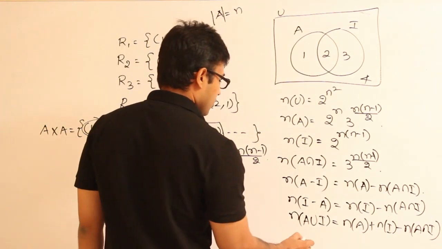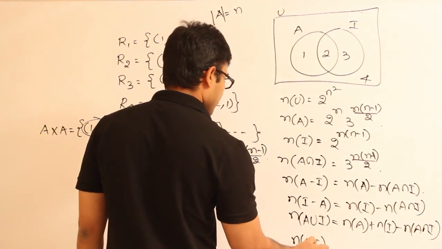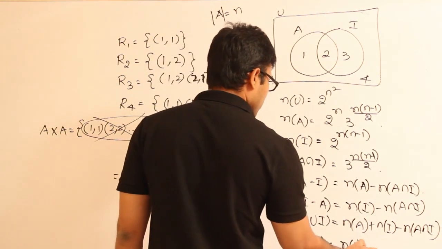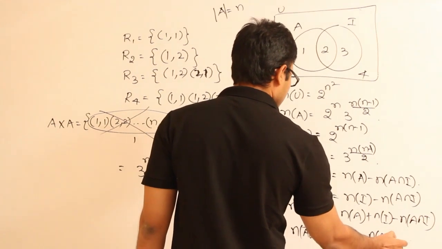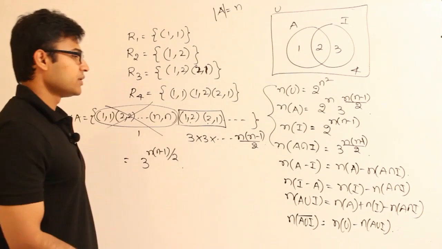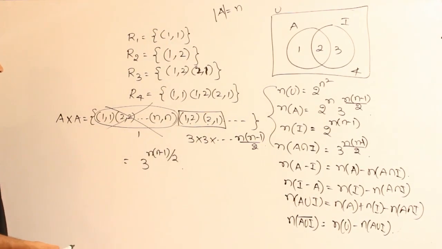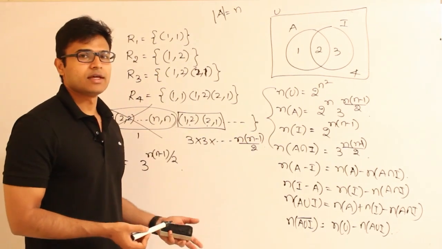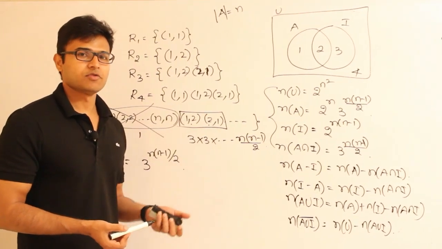Which means n of (A union I) complement, which is going to be n of U minus n of A union I. So we have already got these four numbers. Using this we can solve any question on that. In fact these numbers are exactly similar to the relation between reflexive and anti-symmetric, if you remember.